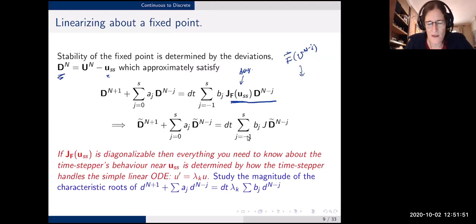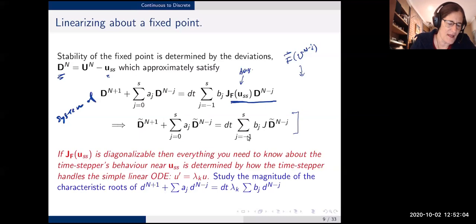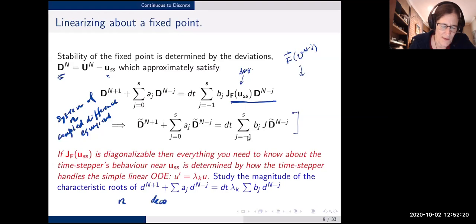So here I've transformed things into Jordan canonical form. If things actually diagonalize, then I've gone from a system of n coupled difference equations to n decoupled difference equations.